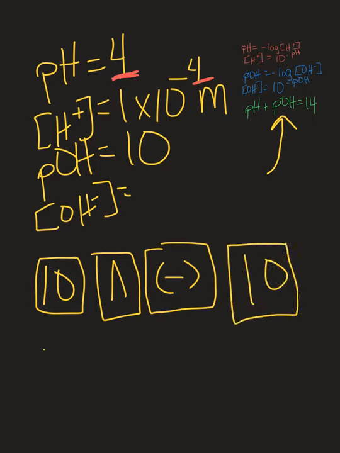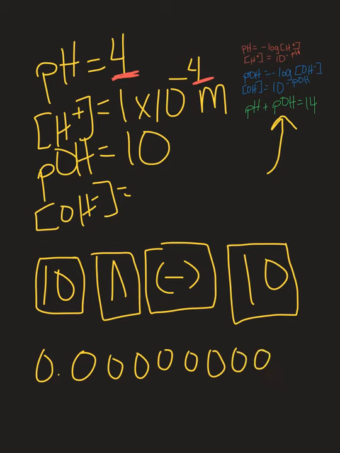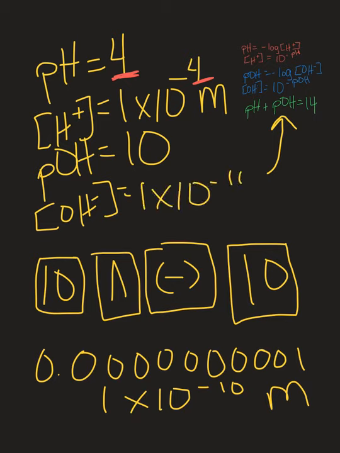Okay? Your calculator should give you something like 0.0000000001, or 1 times 10 to the negative 10 molar. Remember, this trick works if your pOH is just a whole number, no decimals.